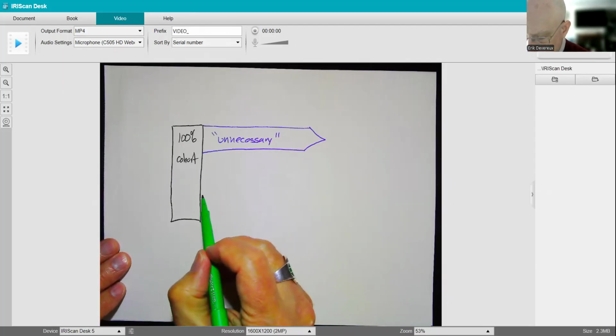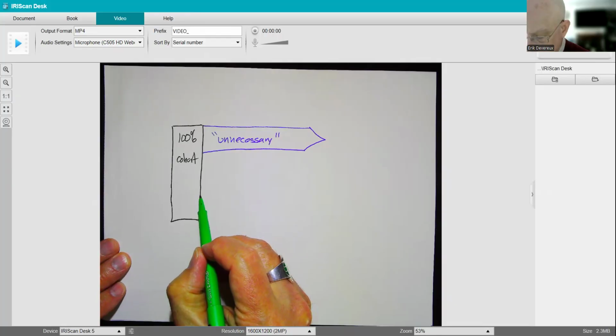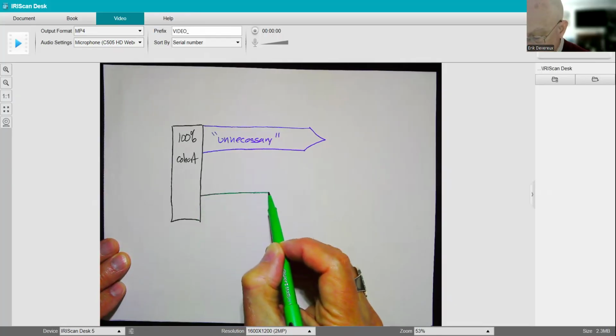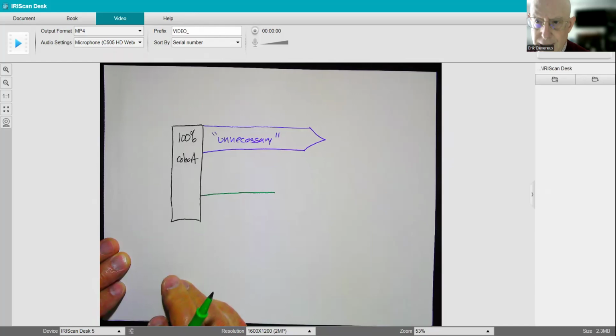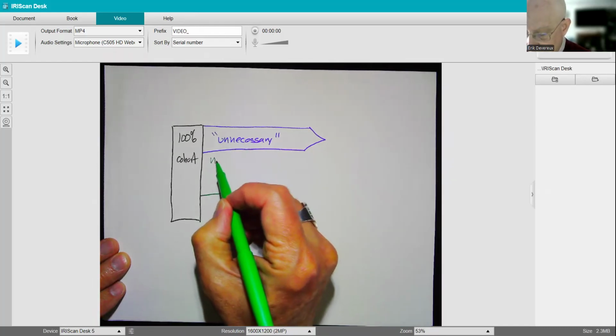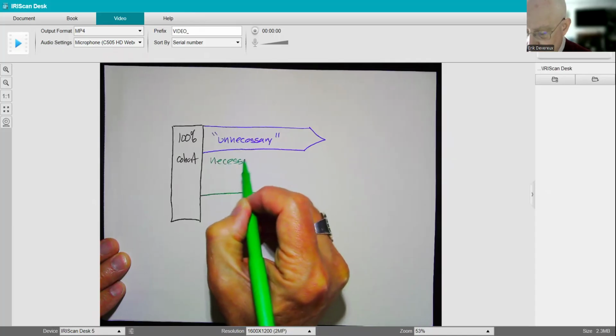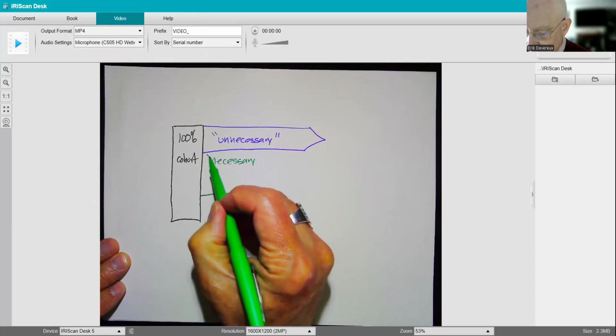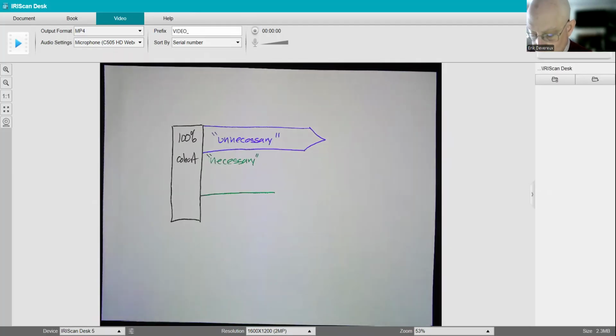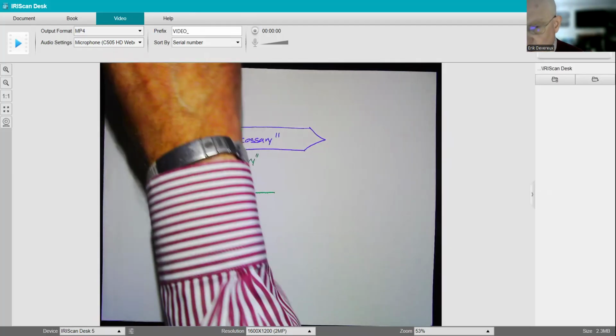Then there's a group that starts out where they really, really, really need the program. These are the necessaries. This program is necessary. But they break into two groups at the end here, unfortunately.